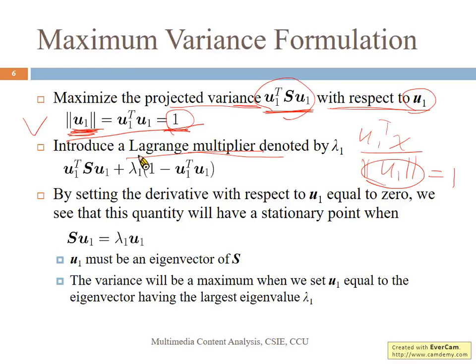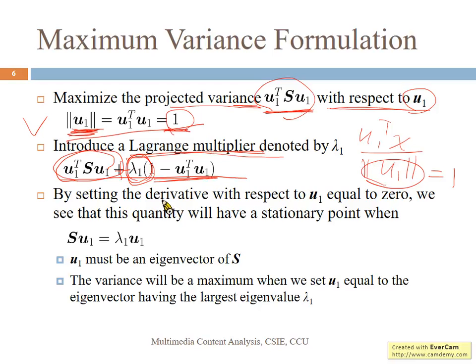But anyway, based on the Lagrange multiplier, we want to solve this objective function. So this is the original objective function plus this value multiplied by the Lagrange multiplier.